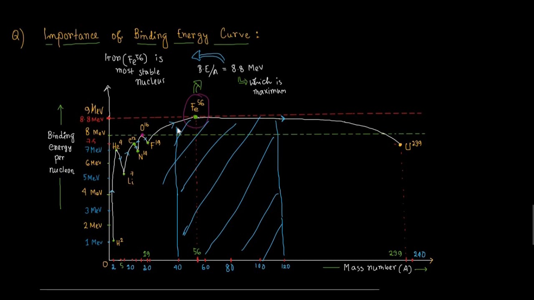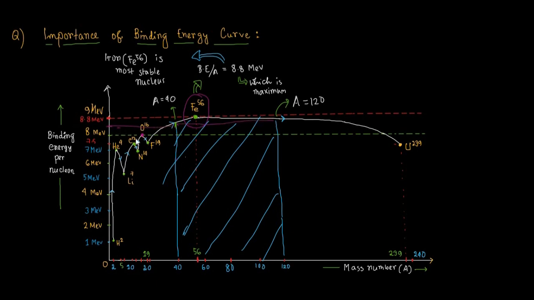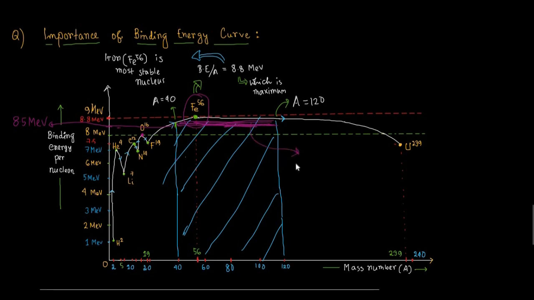Here, mass number A equals 40 at one point and 120 at the other, and in this region the average binding energy will be 8.5 MeV. All the nuclei or elements in this region have a binding energy per nucleon of 8.5 MeV.